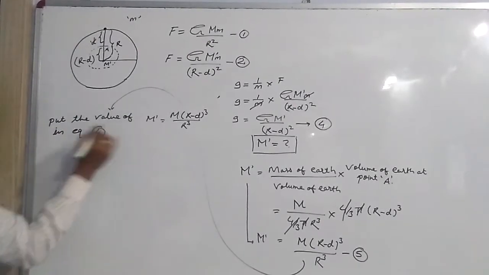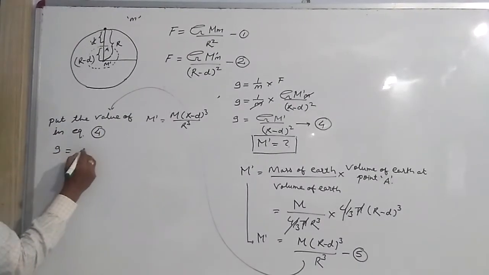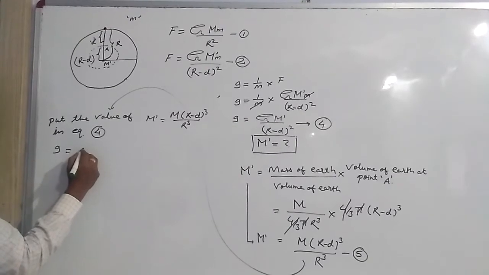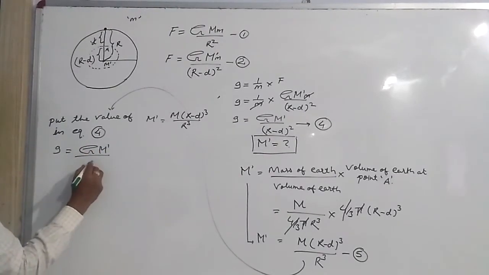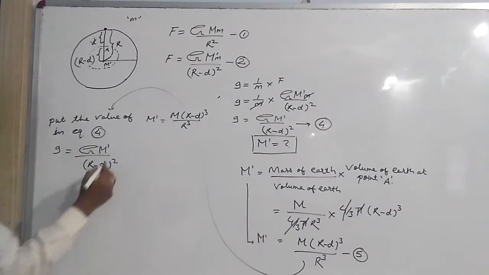What is equation 4? g is equal to G M dash upon R minus D whole square.